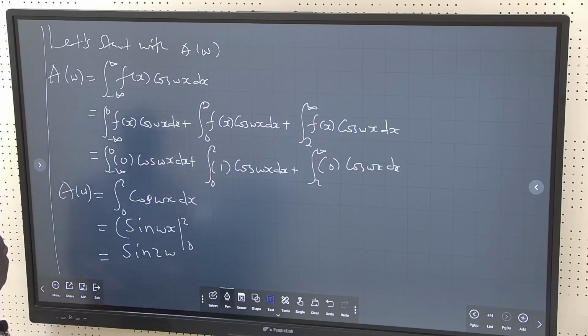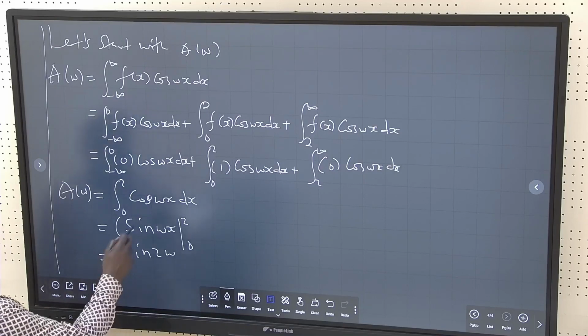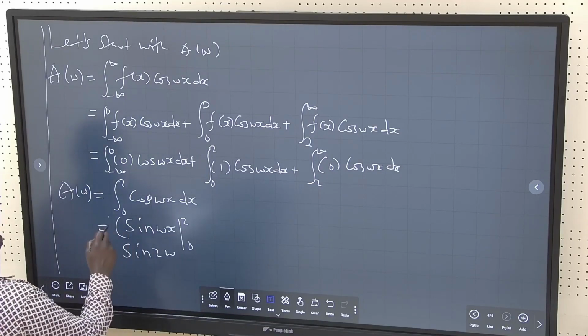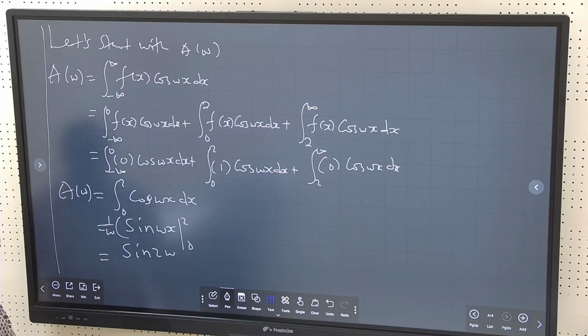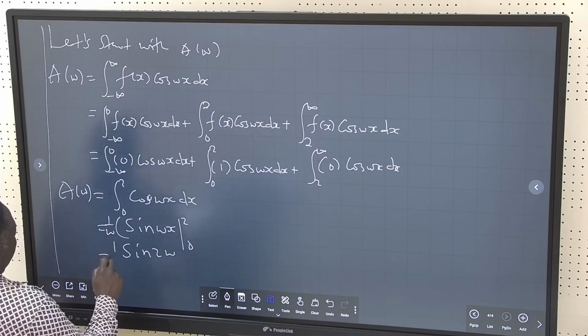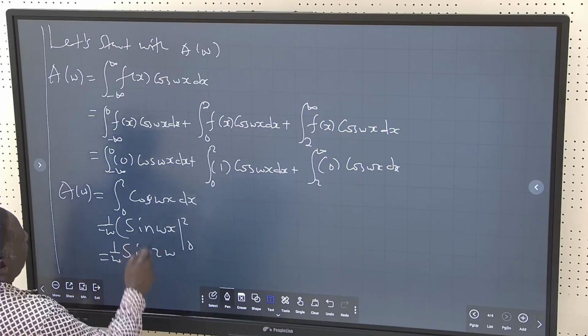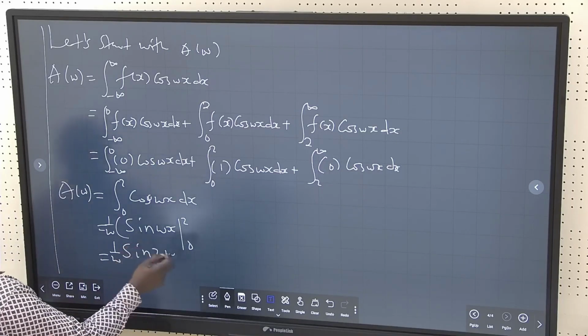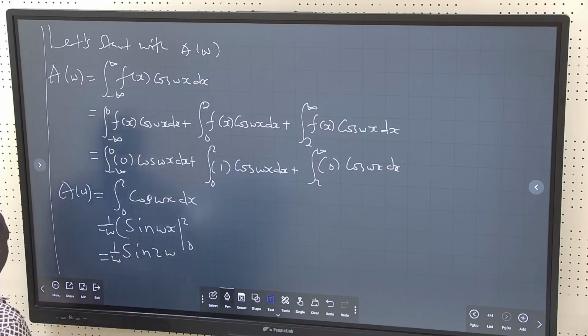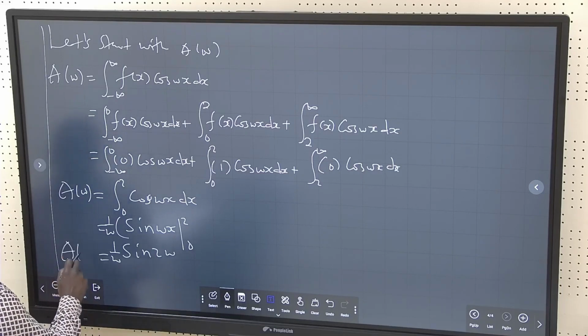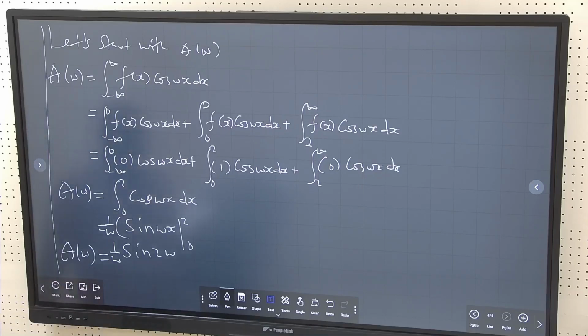This one is 1 over omega. And when you substitute 0, it is sine of 0, which is just 0. So this is the value of a omega, which is 1 over omega sine 2 omega.